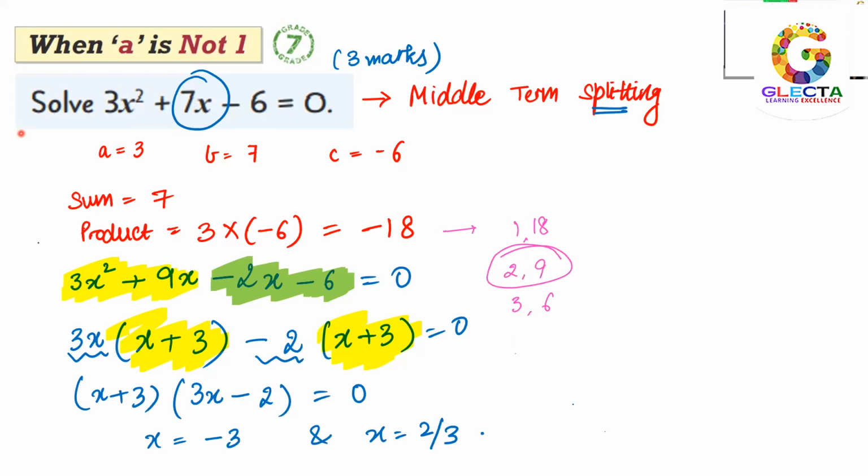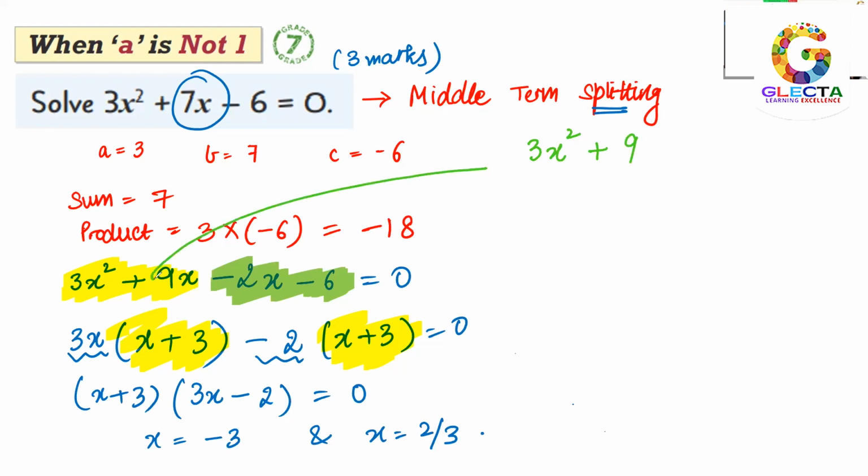Over here, how we are factorizing this part, 3x square plus 9, one second, I'm writing it down on the right side. 3x square is basically 3 times x times x. 9 is 3 times 3.